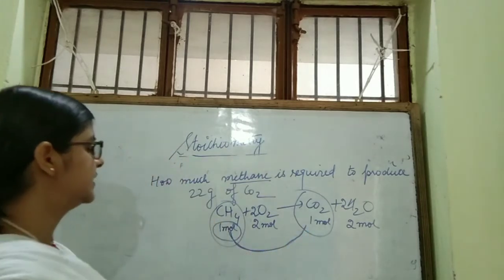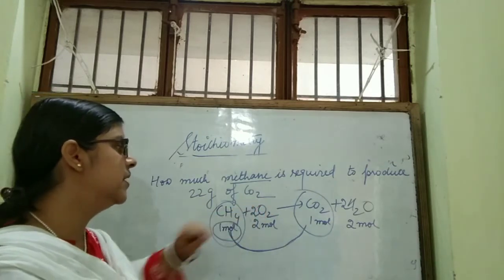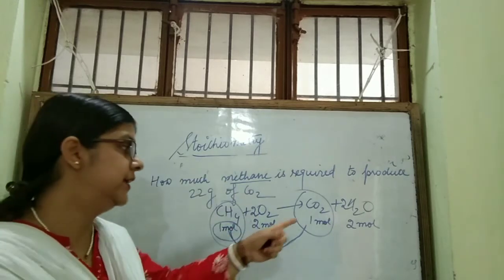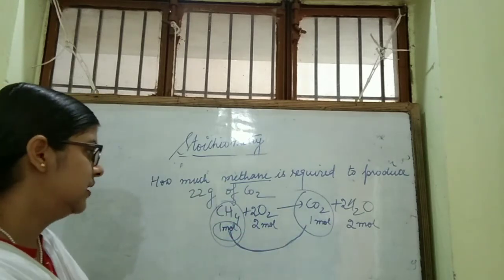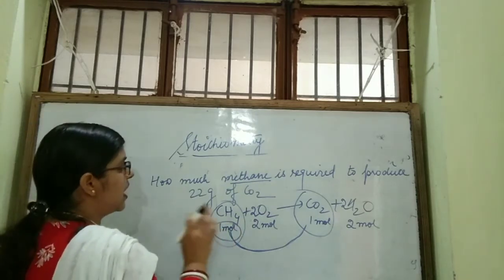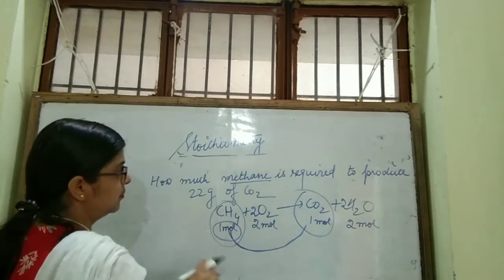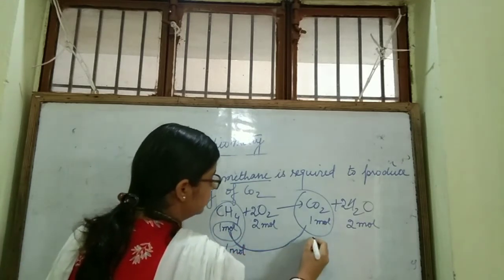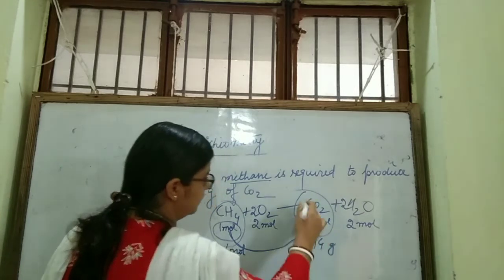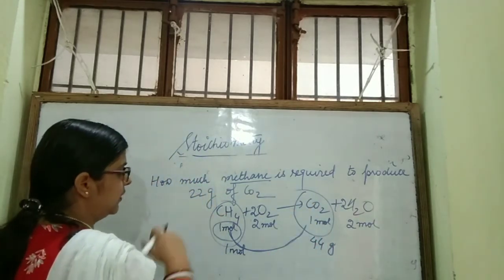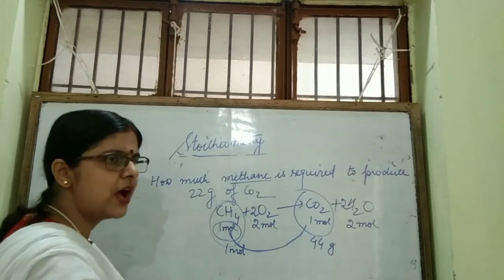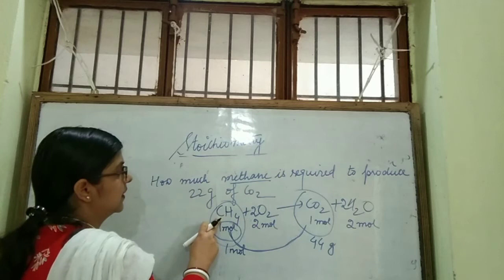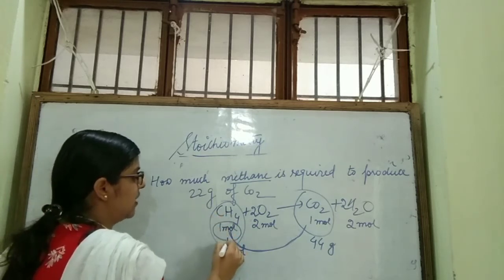Here we can see easily 1 mole methane reacts and gives 1 mole carbon dioxide. In terms of mass, 1 mole methane gives 44 gram carbon dioxide. 1 mole methane in terms of mass is 12 plus 4, 16 gram.